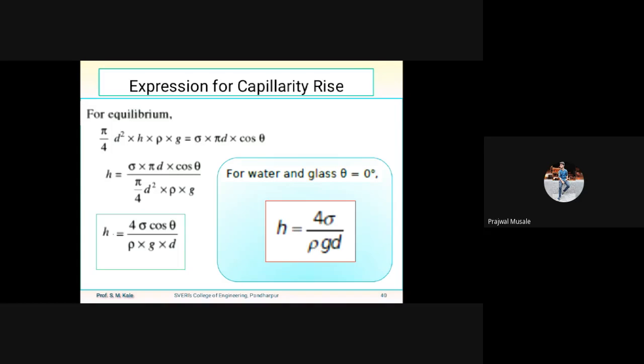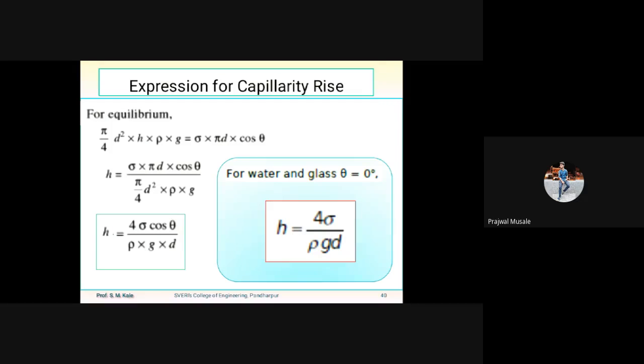So the value of capillary rise inside a capillary tube is given by the equation h equals 4 sigma upon rho g d, where h is called the capillary rise, and sigma is called the tensile force or surface tension, with unit Newton per meter.